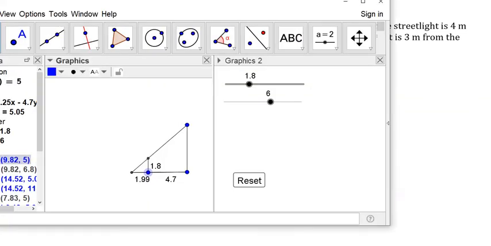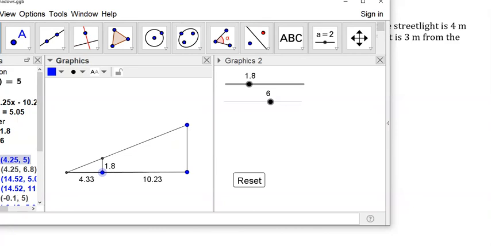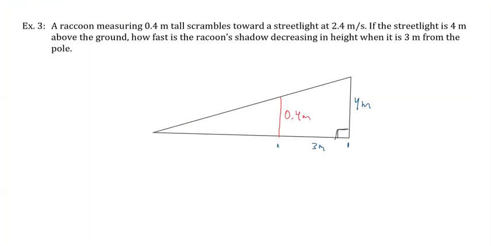And this was the one where we already realized that we don't actually need to know the values of x and y, do we? That's how the first one worked out, at least. So what is the last thing that's different about this one? How fast is the raccoon's shadow decreasing in height?